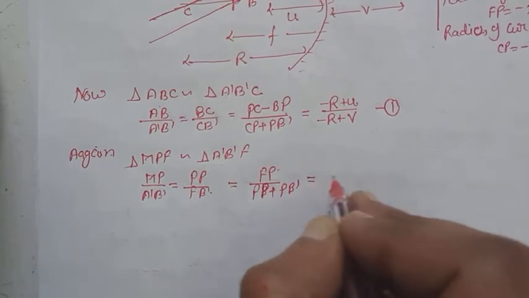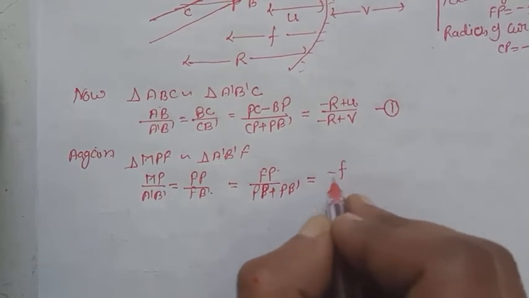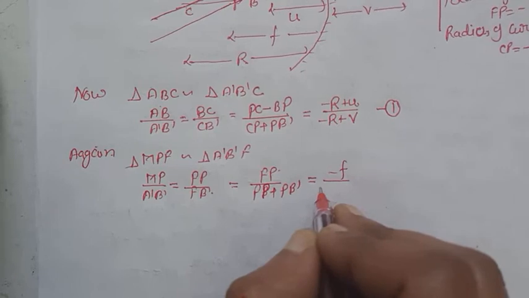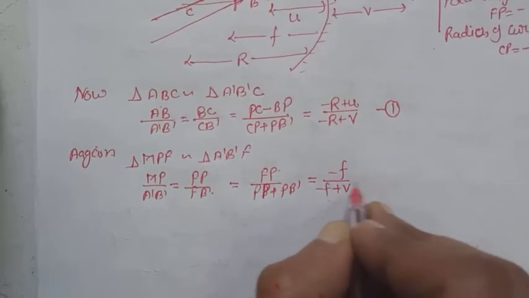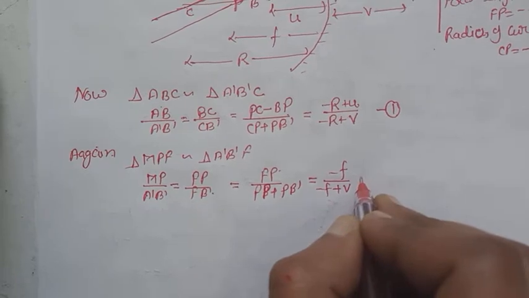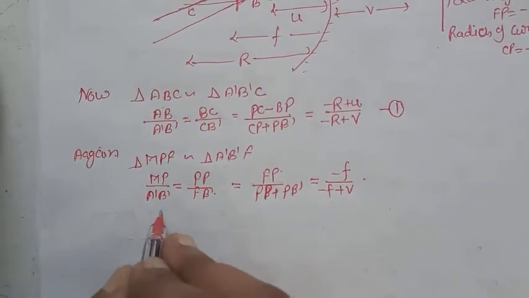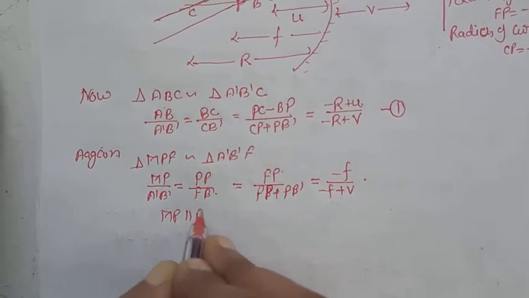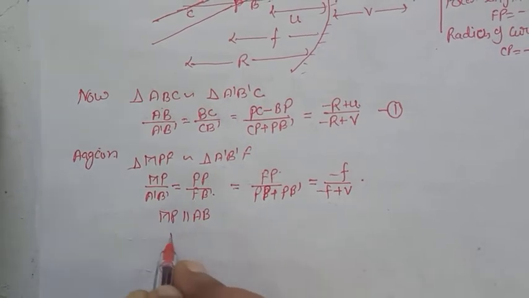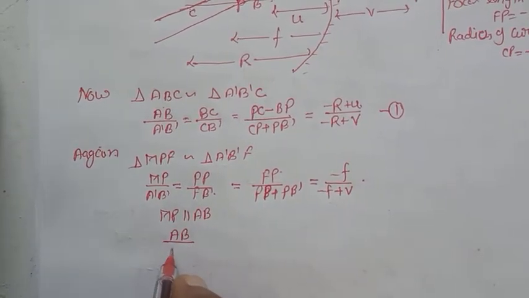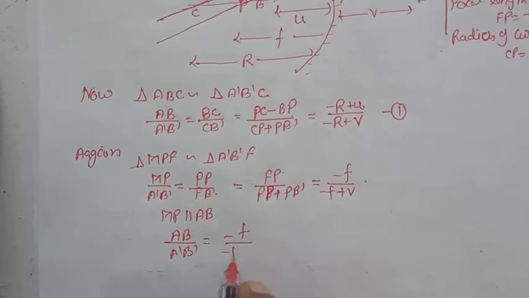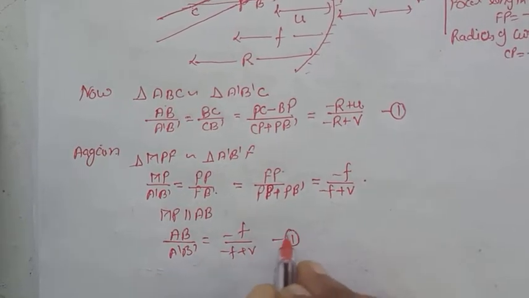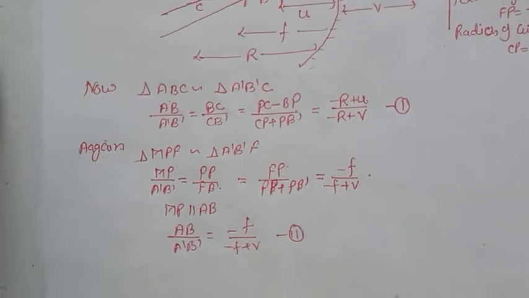In terms of symbols, FP equals to minus kf, and PB dash is written as v. And since MP is parallel to AB, it can be written as AB divided by A dash B dash equivalent to minus kf plus kv. Equation number 2. Again from equation number 1 and 2.